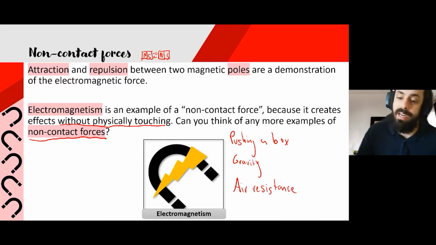Okay, which of these three do you think, let's call this 1, 2, and 3. Which of these three do you think will be a non-contact force? Write your answers in Microsoft Teams chat.